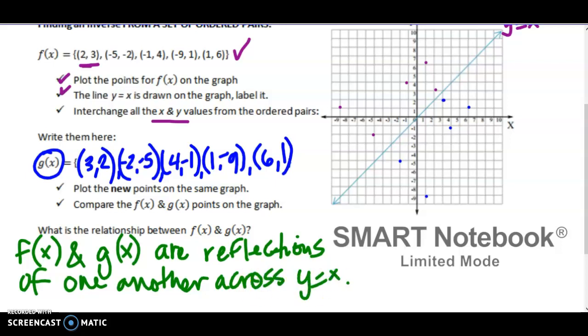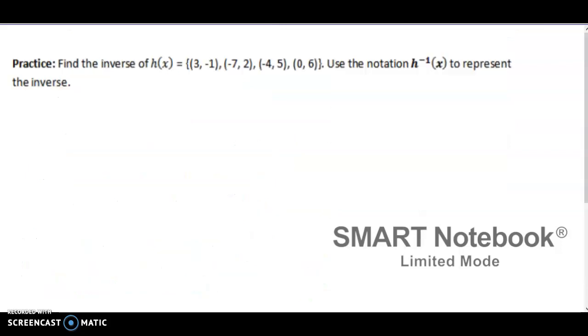So if I folded my paper along this diagonal line y equals x right here, then what I would see is all those values would match up if that was where I folded the paper.